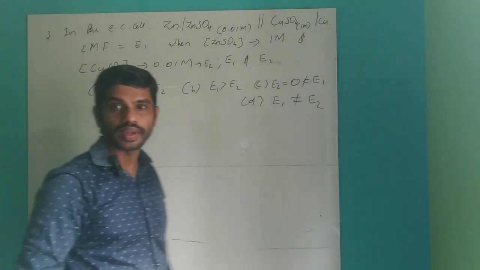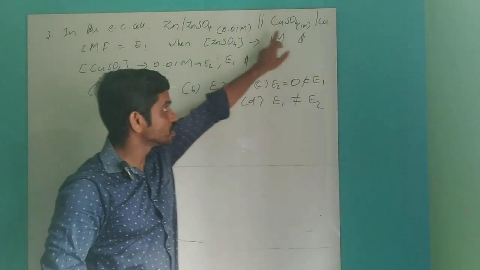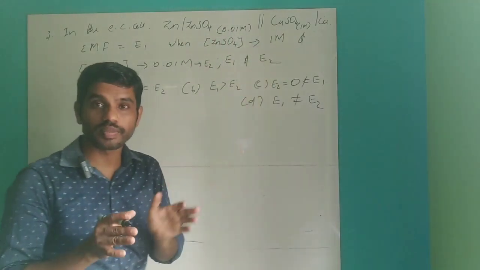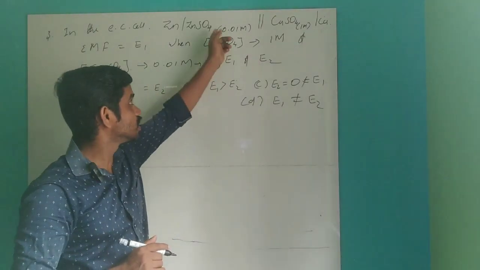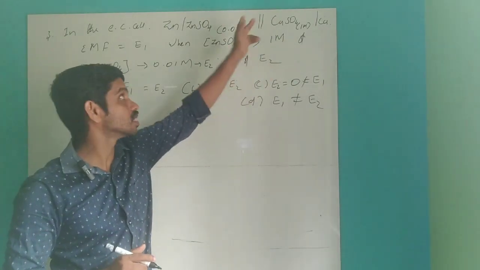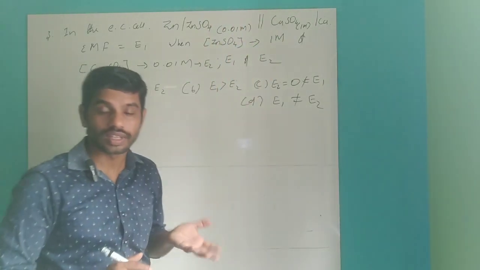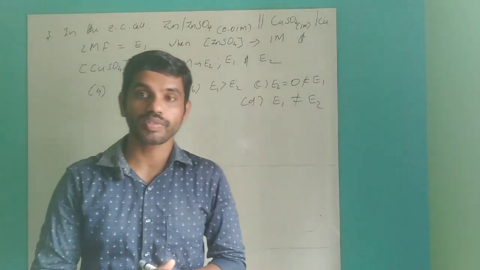So which is the right option? In the first case, this is less concentration and this is more concentration and its EMF is E1. In the second condition, copper sulfate is 0.01 molar, decreases, and ZnSO4 increases. Its EMF is measured as E2. Then what is the relation between E1 and E2?